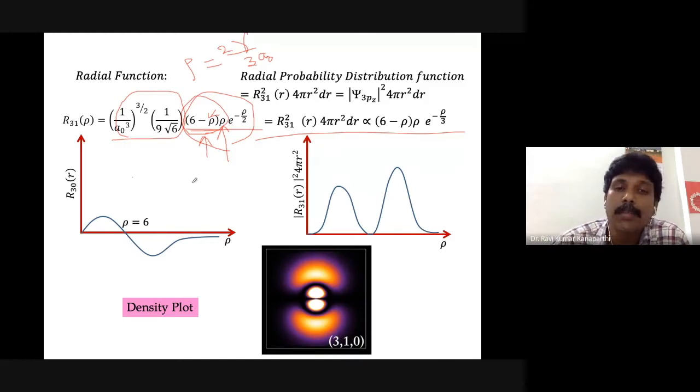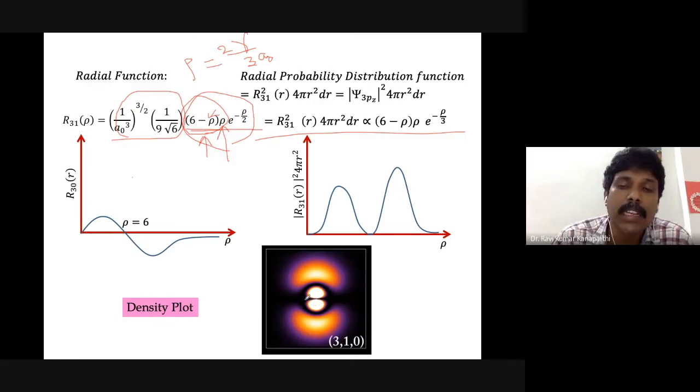Similarly, the density plots one can easily guess based on this radial function. The density function is nothing but the combined plot of the radial function as well as the spherical harmonics function. In this diagram, wherever you see a bright region, that is the place at which the wave function is maximum.